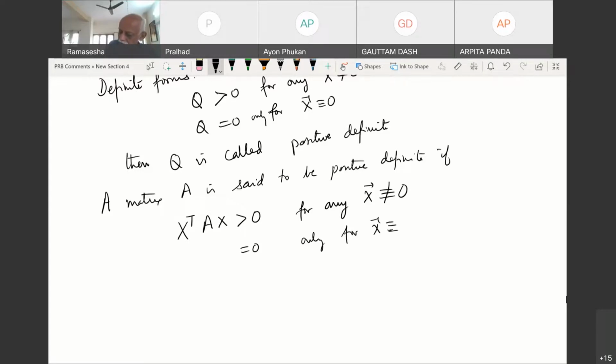Okay, so this is called A is said to be positive definite, and the theorem is the following.